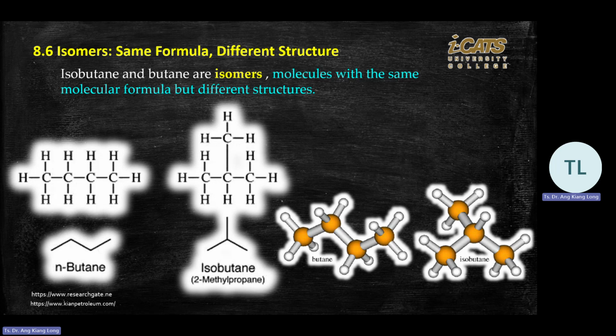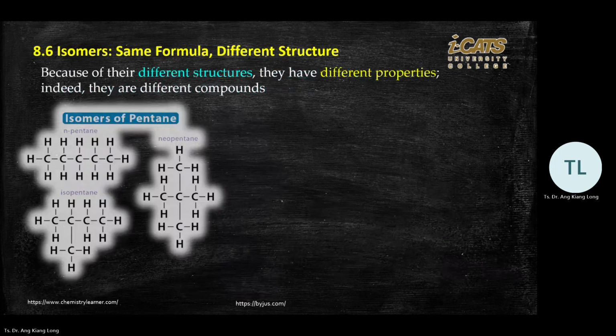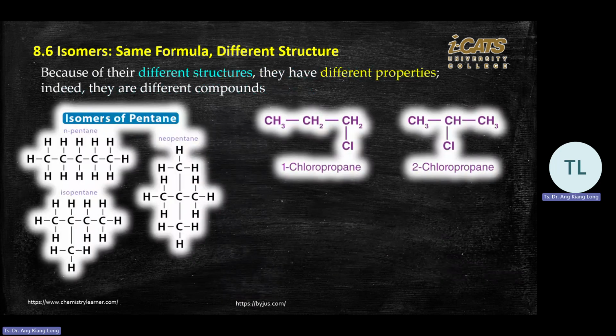For example, n-butane has 4C and 10H. However, isobutane, because it branches out, becomes a different structure, but they are isomers. These are a few examples of isomer. This one you go home and have a look.